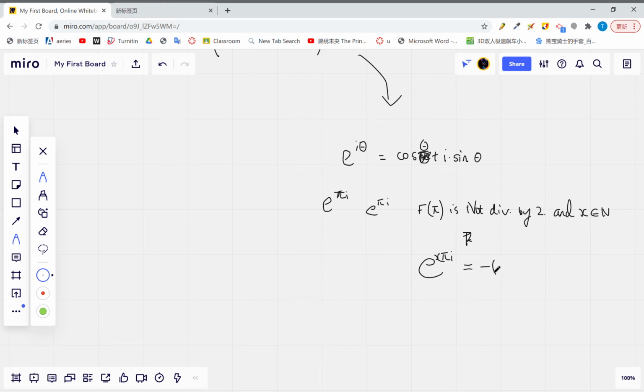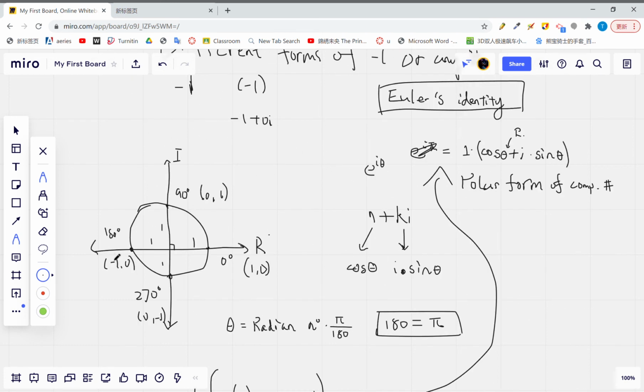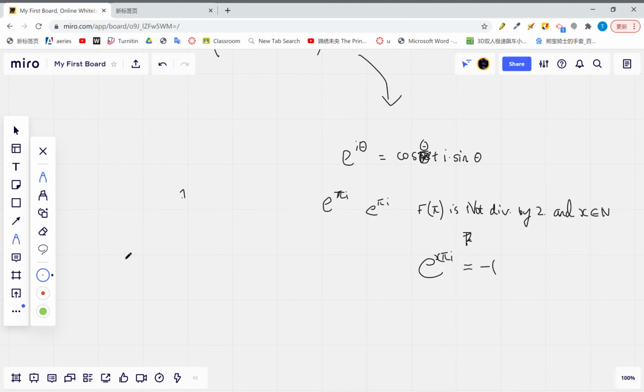Okay, that's really simple, right? And that's because it's literally 180 degrees. Pi is equal to 180 degrees. So it's basically on the plane, it's -1, 0, which is -1, right?